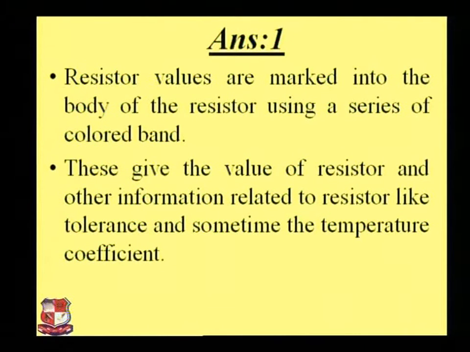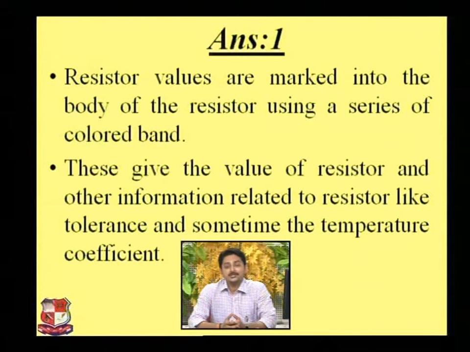These colors give the value of the resistor and other information like the tolerance and sometimes the temperature coefficient. So there is no need to find the value of the resistor using a multimeter. You can also measure the value of a resistor using the color code technique.